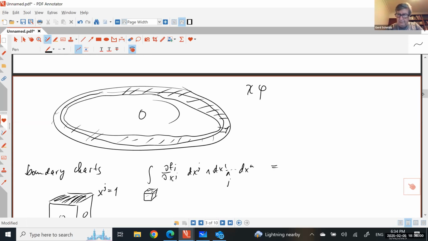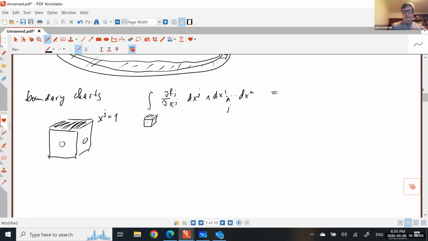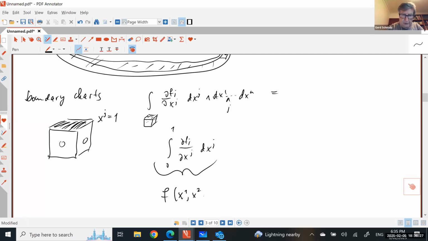This actually now becomes, also by repeated integration, the integral from 0 to 1 of df_j/dx_j dx_j. And this now, by the fundamental theorem of calculus, becomes f_j of x_1, x_2, 1, x_n, which is exactly f_j restricted to this boundary face.